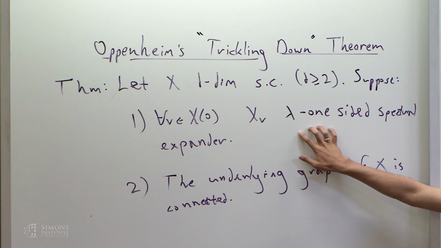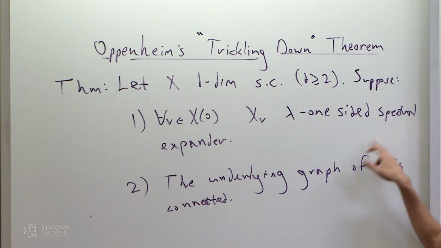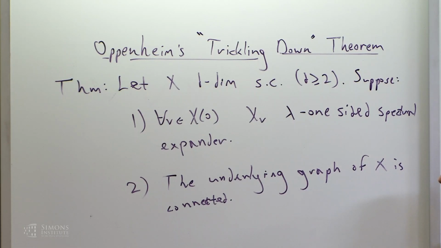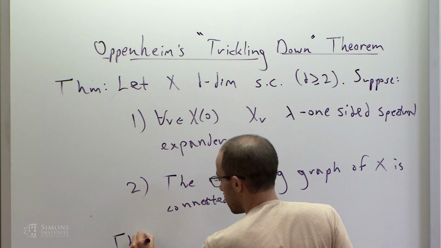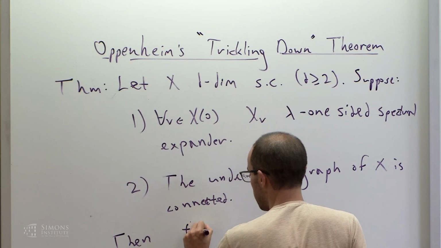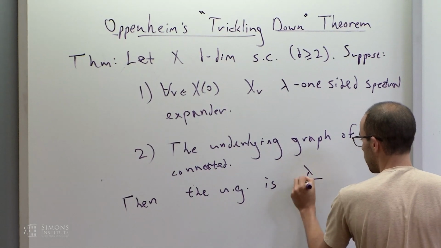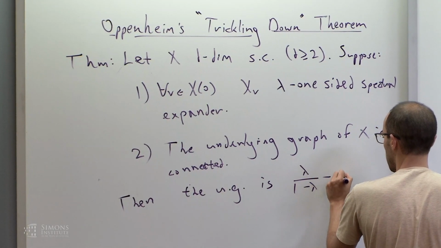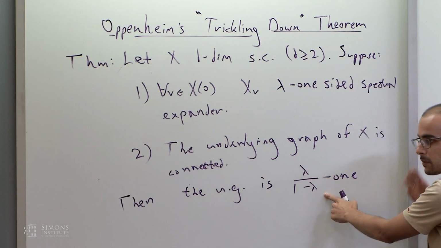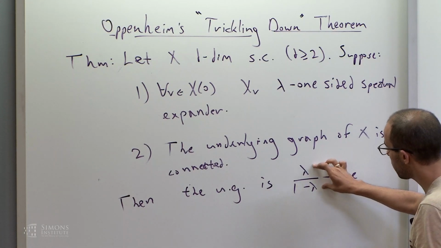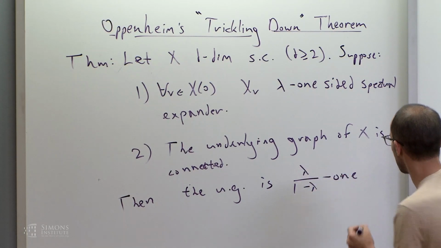Its links are well connected, one-sided spectral expanders, and the underlying graph of X, when we consider only the vertices and the edges, is just connected. Then the underlying graph is also very well connected. What do I mean? It's not necessarily a lambda one-sided spectral expander, but it's another constant that depends on lambda: lambda over 1 minus lambda.